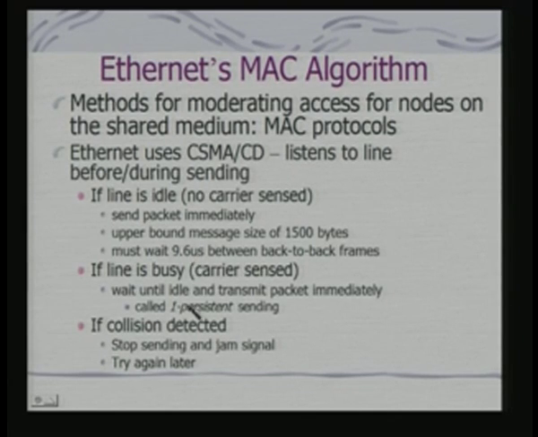If the line is busy, wait until idle and then transmit the packet immediately, and this phenomenon is called one-persistent sending. If a collision is detected, stop sending, jam the signal and try again later. So, when there is a collision detected, you withdraw and then try later on. That is why we say that this is a collision detect protocol.